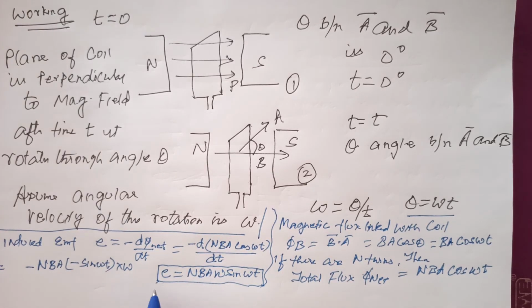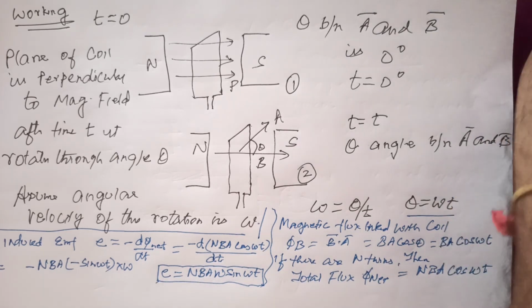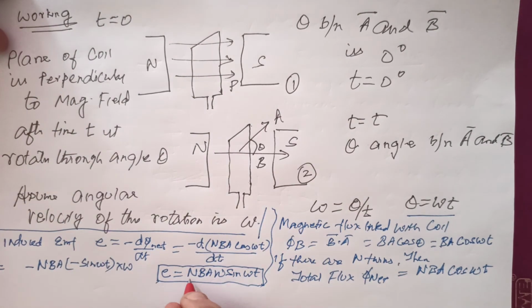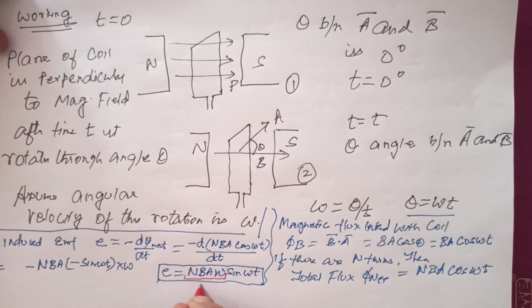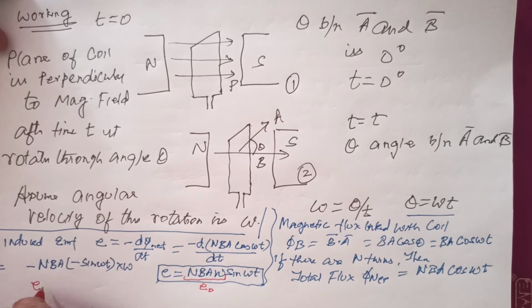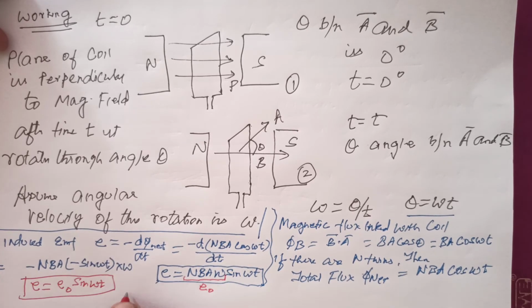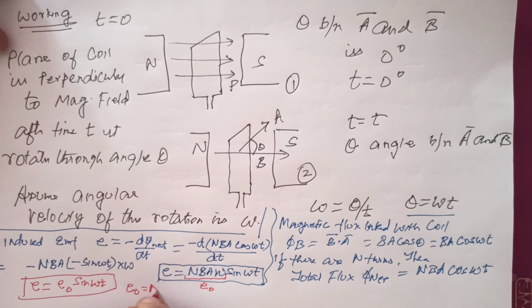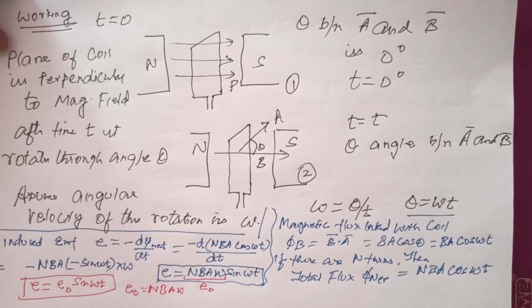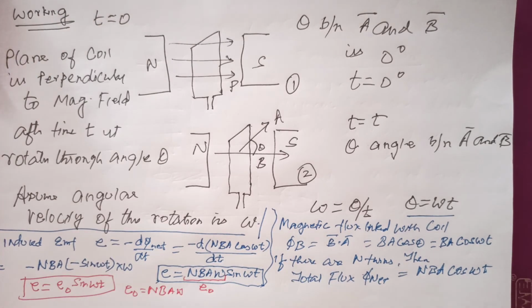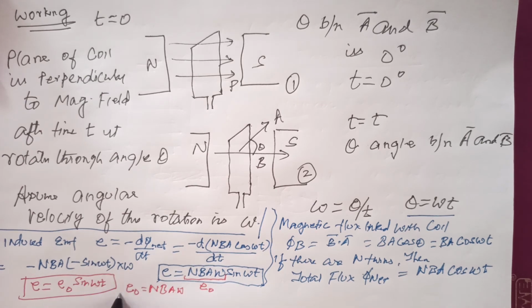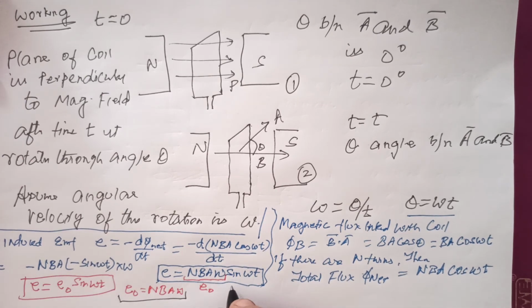One more thing, after this step we can put in place of all these things E naught. So this becomes E is equal to E naught sine omega t, where E naught is equal to NBA omega. Now we can also find the current.